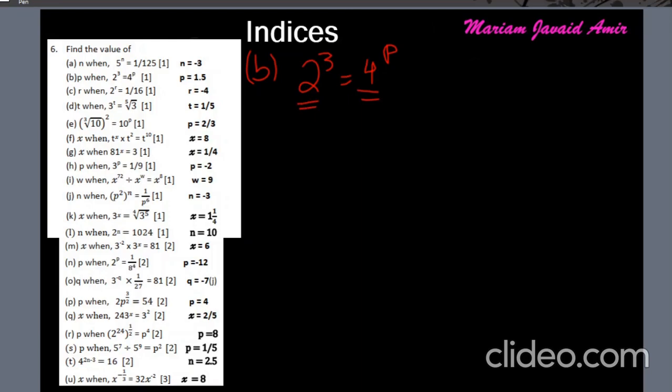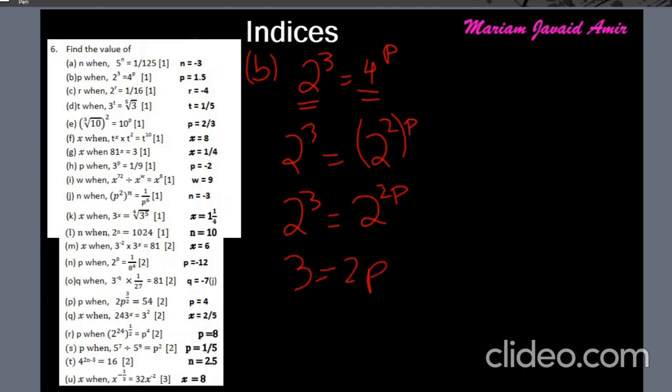So 2 cube is actually, let's write 2 cube, and 4 is actually 2 square, and let's put the power p on it now. So that means 2 cube equals 2 power 2p. So now 3 equals 2p and p equals 1.5, which is the answer for part B.